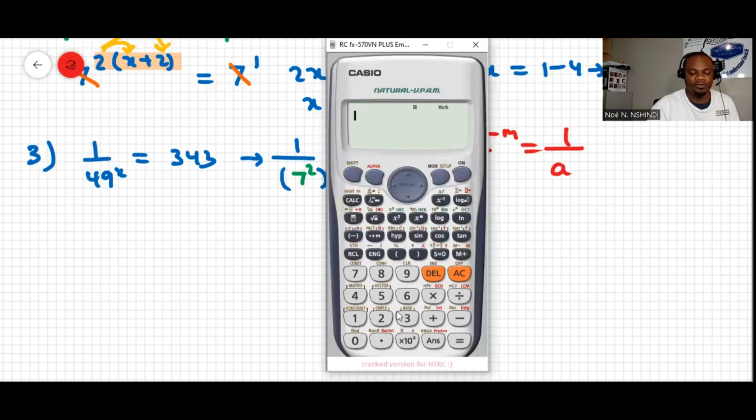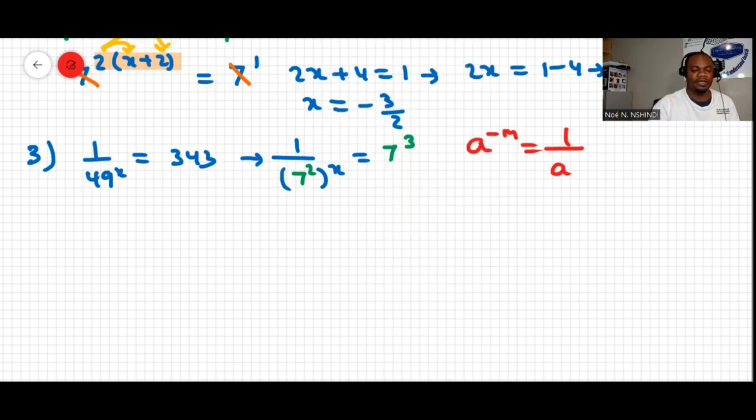If you do 343 equal, shift and then fact, see, it's 7 to the power of 3. So this would then make 1 over 7 to 2x equal to 7 to the power of 3, and then this will be 7 to the power of negative 2x, okay, according to this law. And then this equal to 7 to the power of 3.